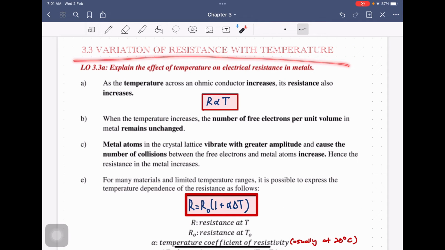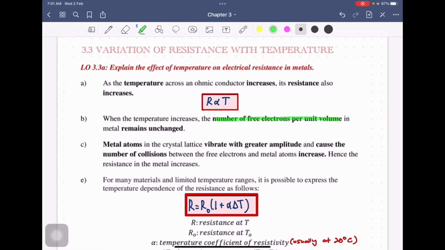Baiklah, sekarang kita proceed kepada subtopik yang seterusnya, 3.3, variation of resistance with temperature. Okay, so kita nak lihat resistance dengan temperature di sini. Okay, as the temperature across an ohmic conductor increases, its resistance also increases. So, maksudnya R directly proportional dengan temperature. Okay, kenapa? When the temperature increases, apa yang berlaku?